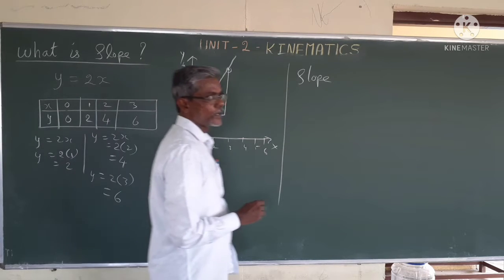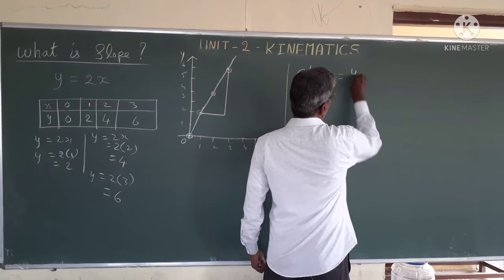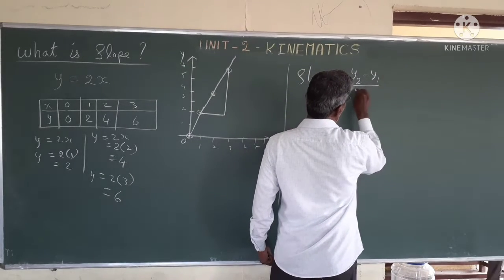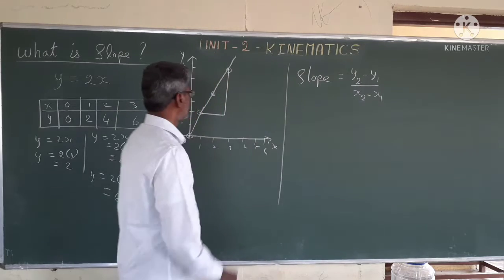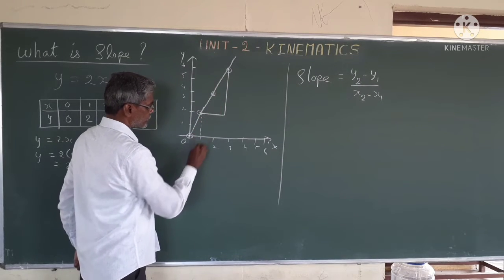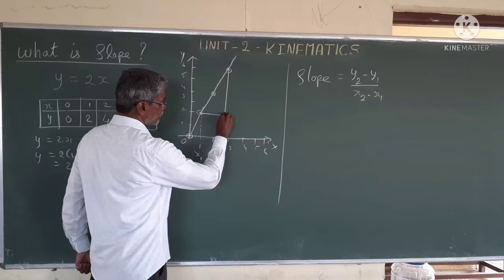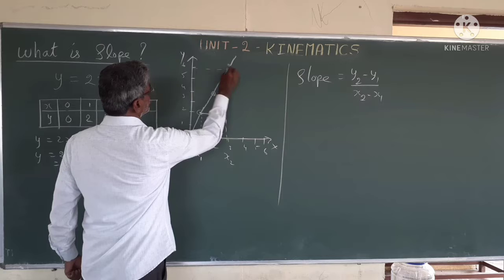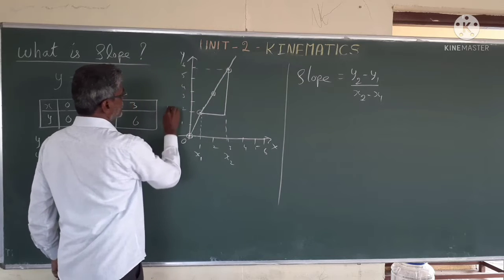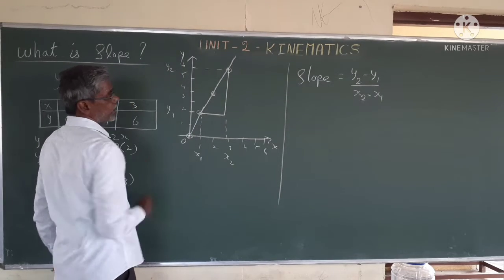So what is the formula for finding the slope? y2 minus y1 divided by x2 minus x1. So this becomes x1 and this one x2. This is y1 and y2.